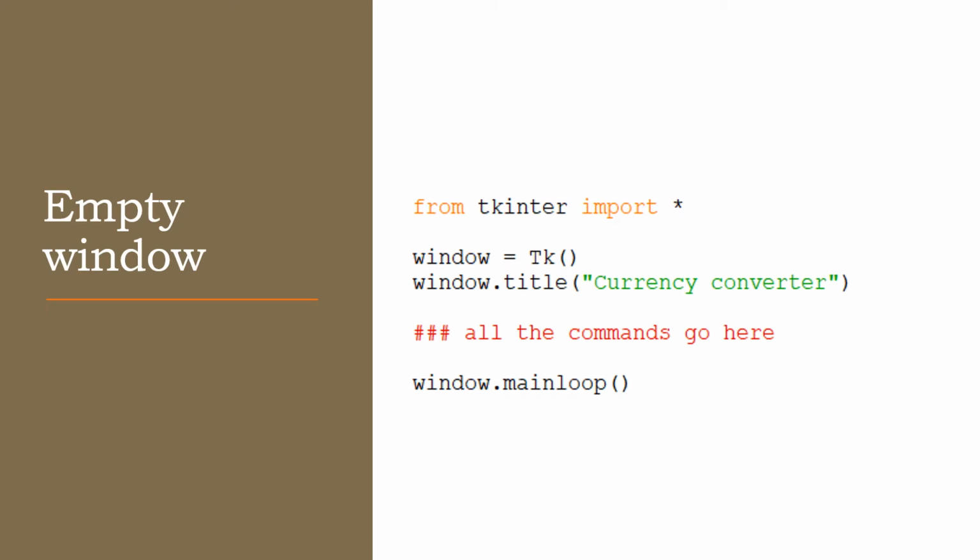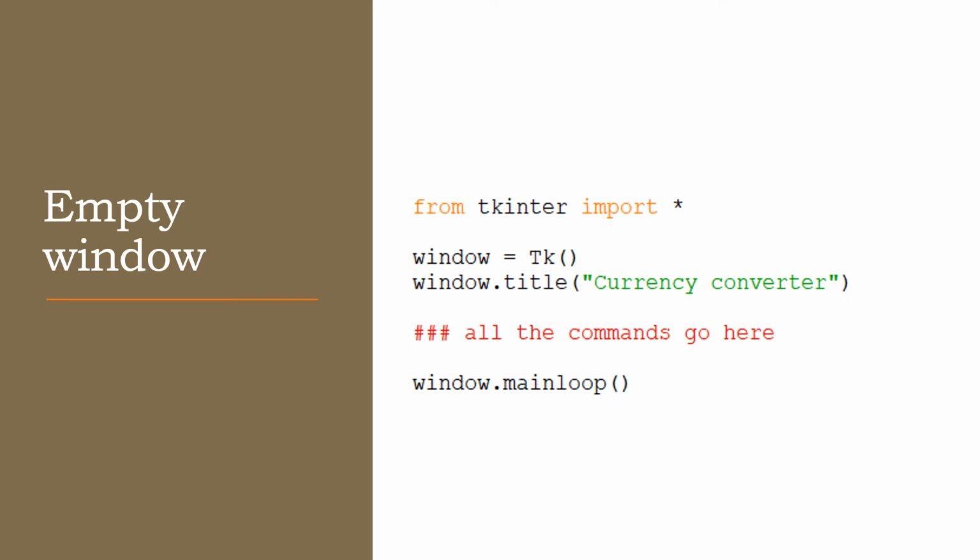So start a new Python program, and we're going to import the tkinter module that just comes for free as part of your standard Python download. And we're going to create a window, and you can see that a window is an instance of a class called Tk, and it has the attribute of title.